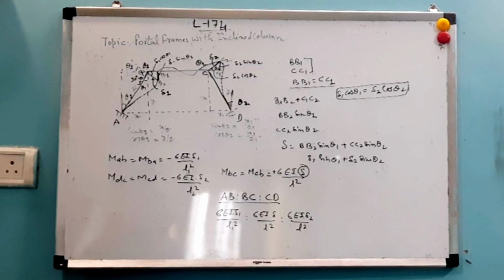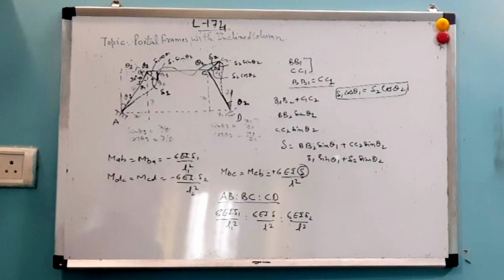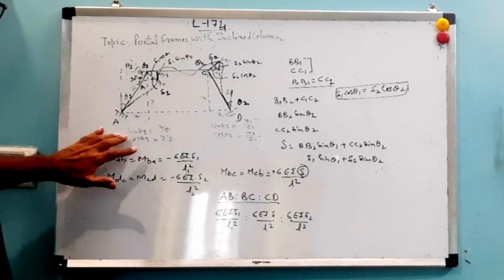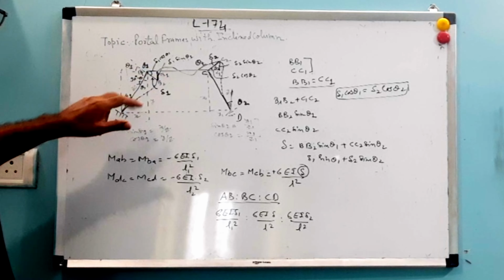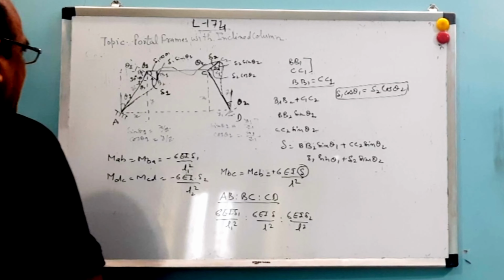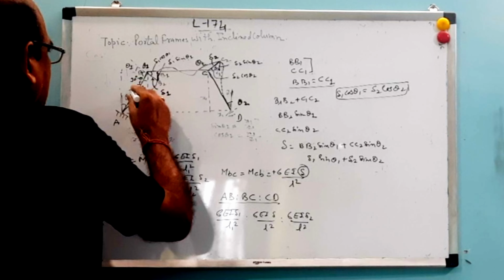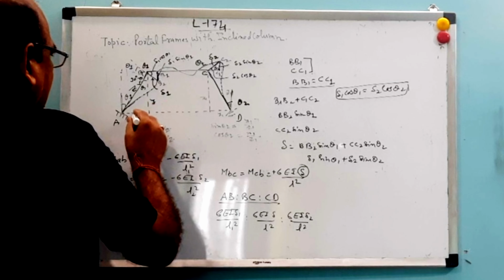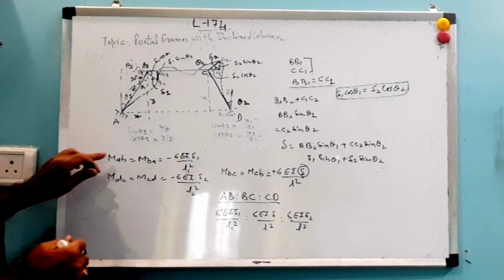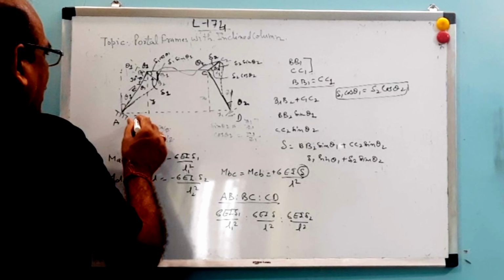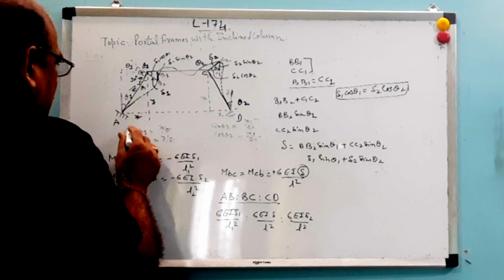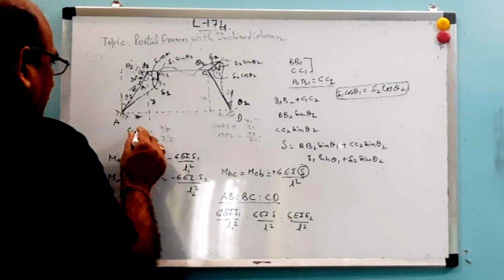With the help of this, sin theta 1 is how much? We have assumed this is Z1, this is Y, this is X. So sin theta 1 means the horizontal part X divided by Z, this is sin theta 1.